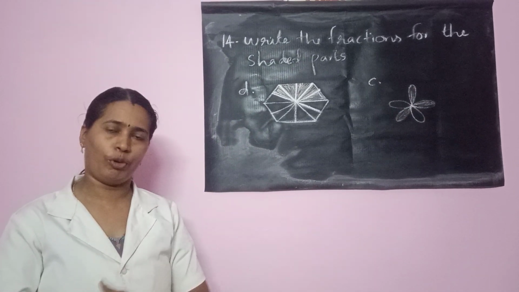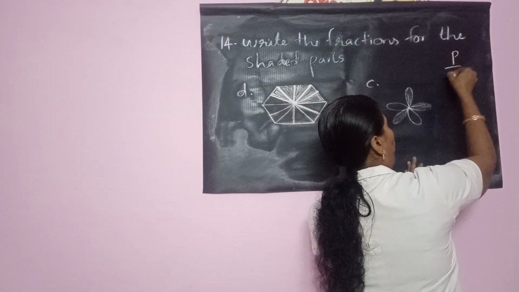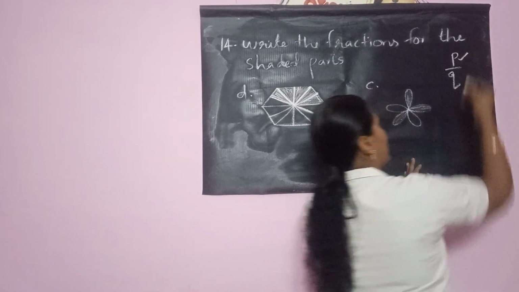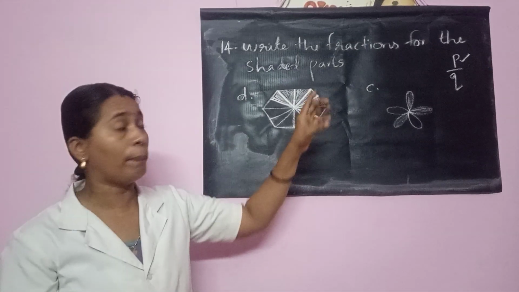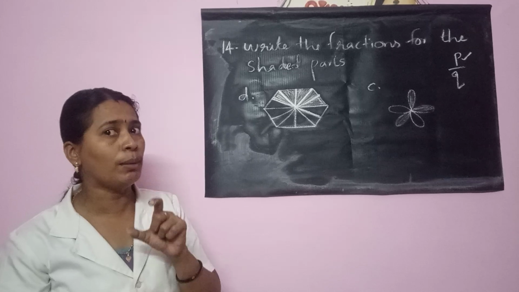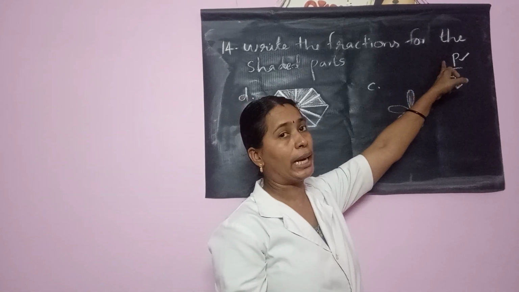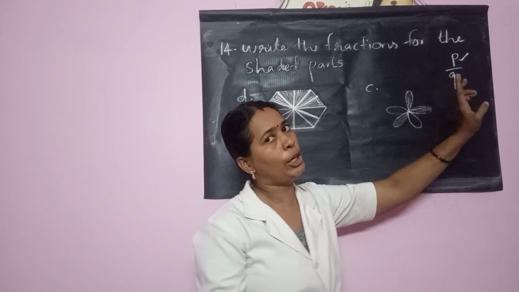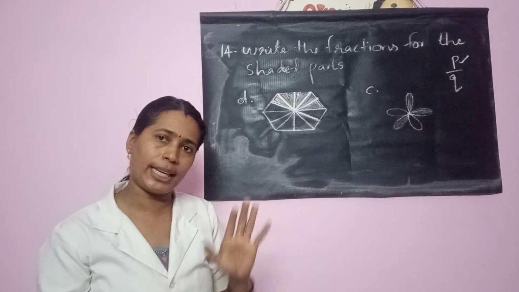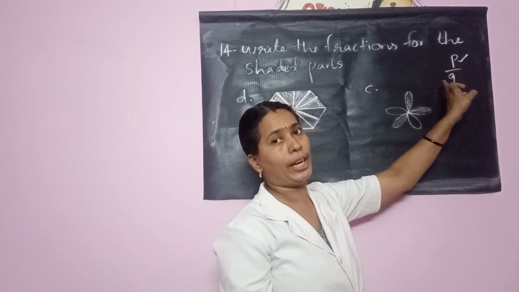P by Q form. In that P by Q form, P and Q are called terms of the fraction, or we can say that this is the numerator and this is the denominator. You don't worry about it. You just get the idea only. Fraction is of the form P by Q.